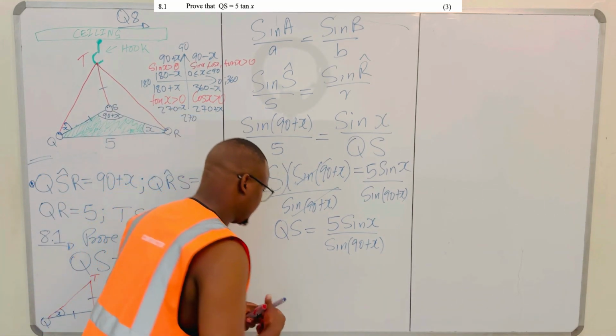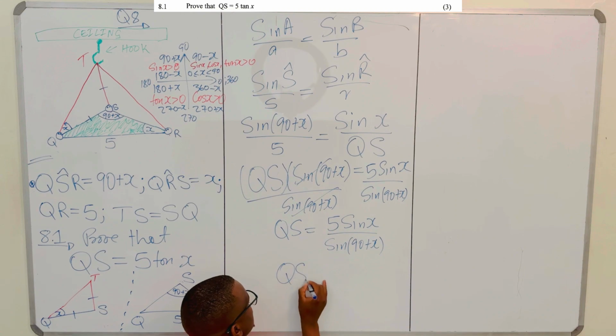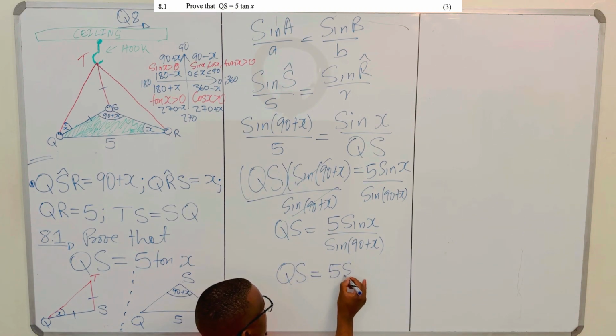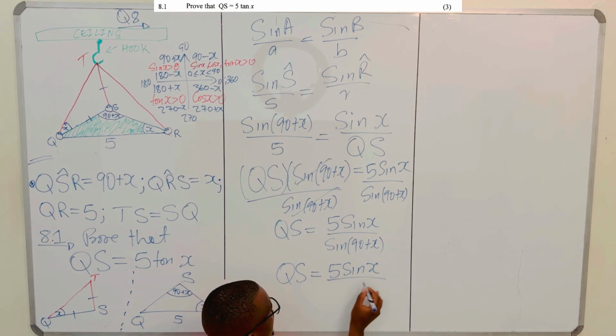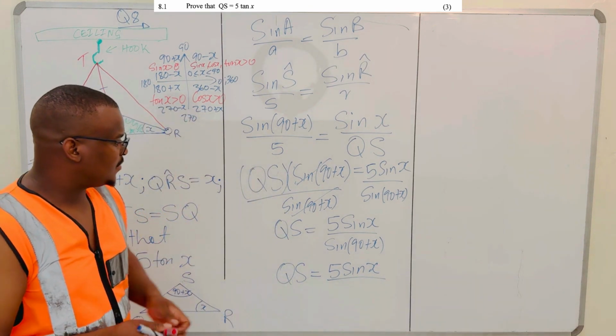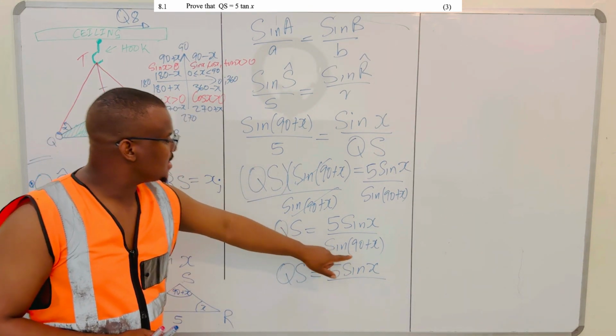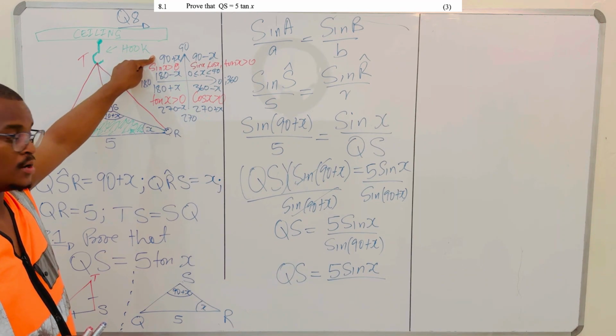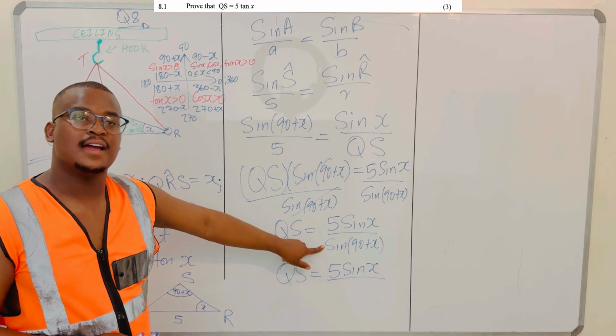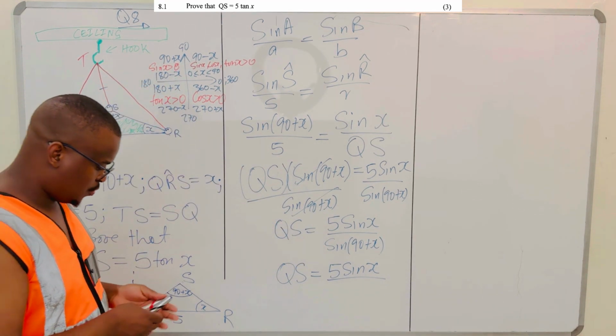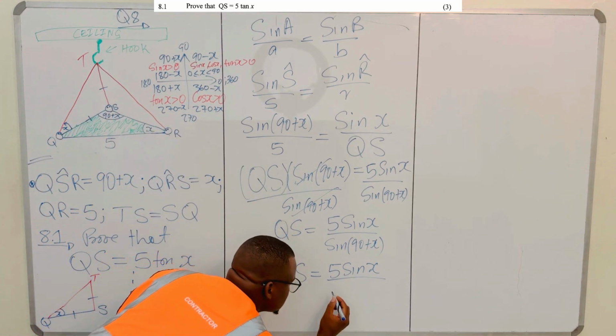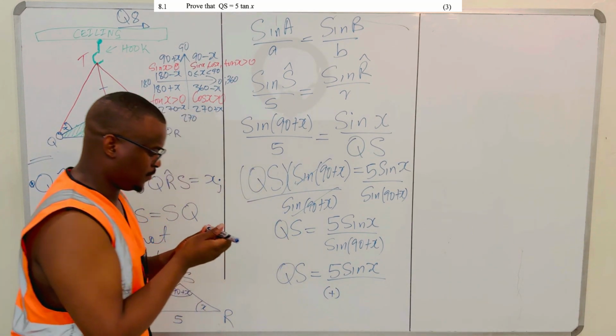So let me do this. You say, okay, QS is equal to 5 sine x over, no problem, let's simplify this part now. Where is 90 plus x? 90 plus x is on the second quadrant. What sign is your function there? Sine is positive there, so we'll put positive here. No problem.